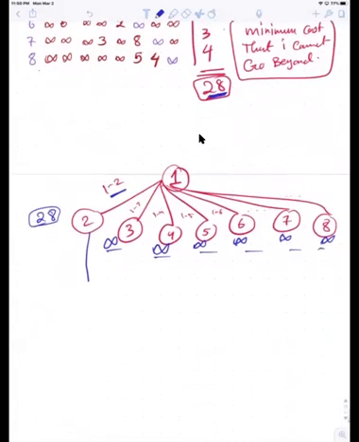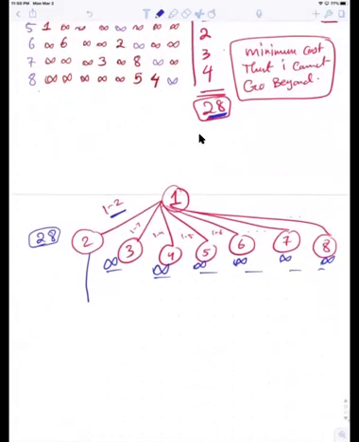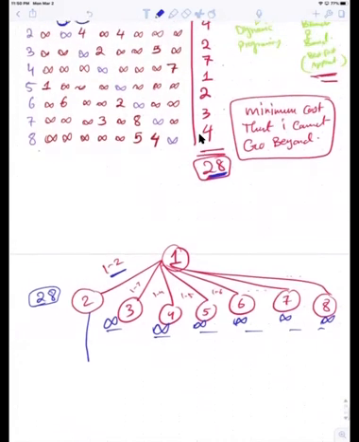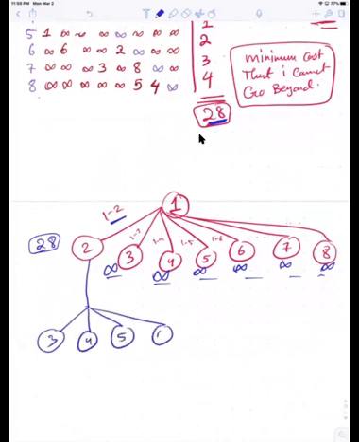Now for the second level, since I already have visited the second node, I can go after that to node number 3, 4, 5, 6, 7, or 8, right?